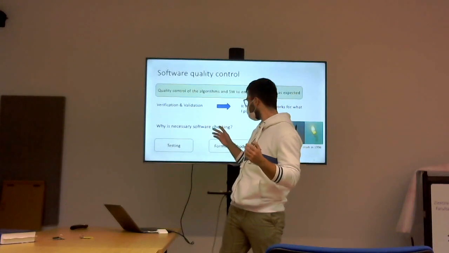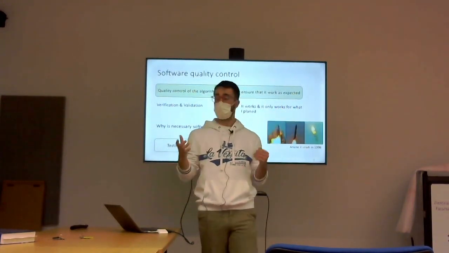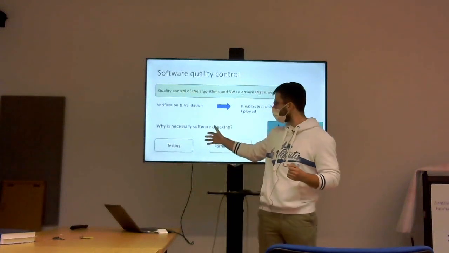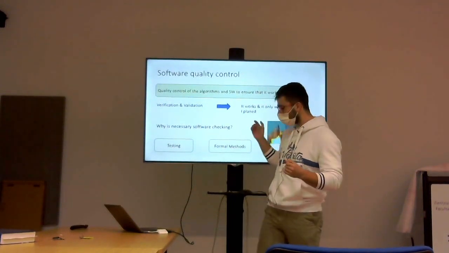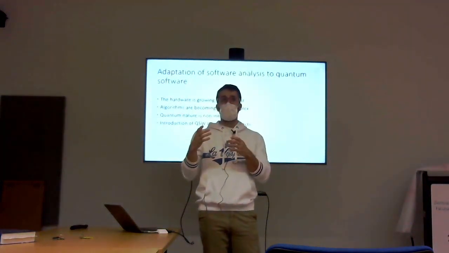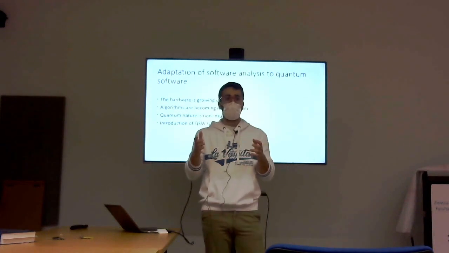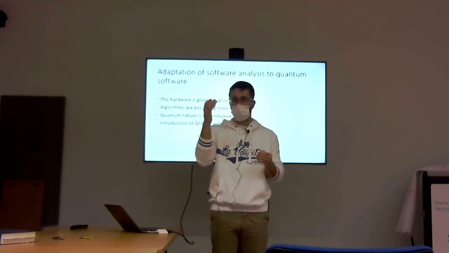So what methods do they use to check that everything works okay? They use software testing and formal methods. Right now, you may think: why do we need them if the code and algorithms we develop are short and you can check them by eye?